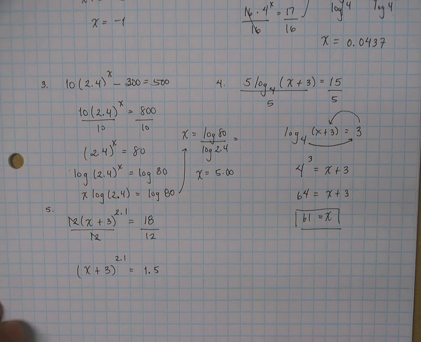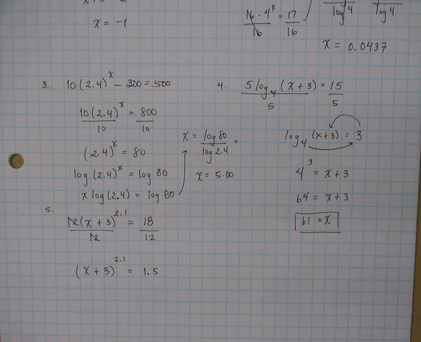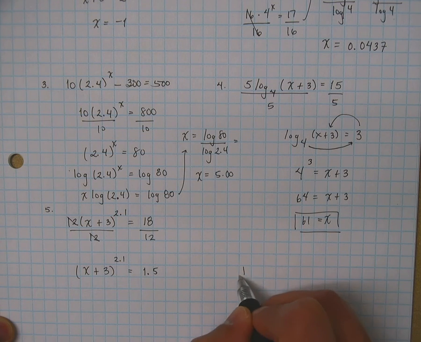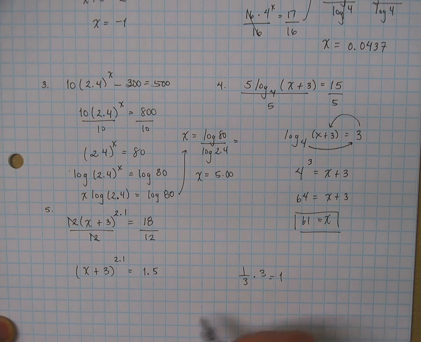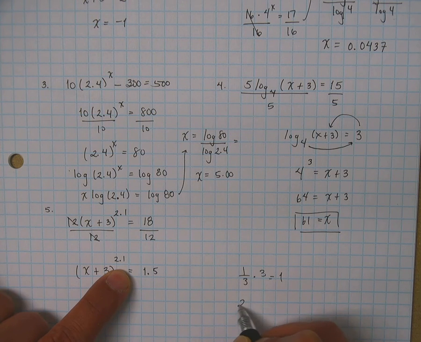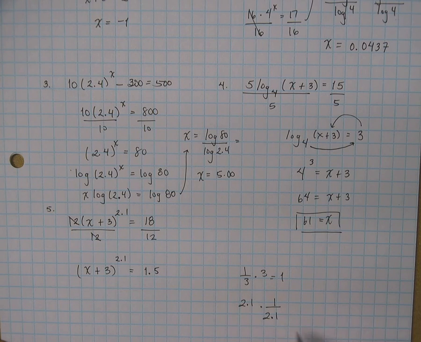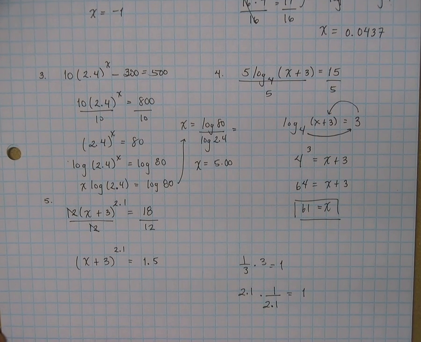Well, there's a nice little algebraic element that you can do: you can multiply by the reciprocal. So just remember, just like 1/3, multiplying it by 3, that's going to give you a 1. Same thing over here. If we have 2.1, if we multiply by 1 over 2.1, I'm going to get a 1.